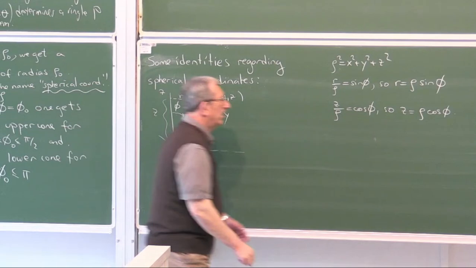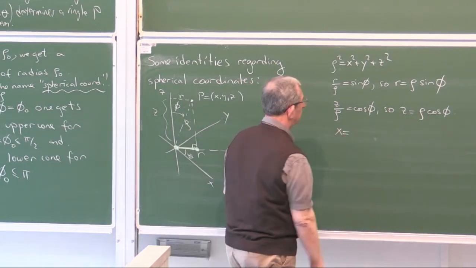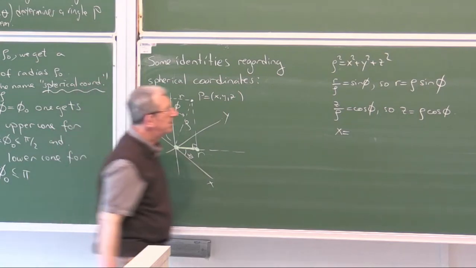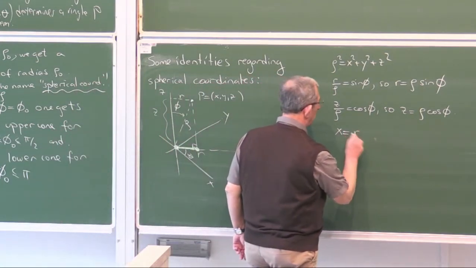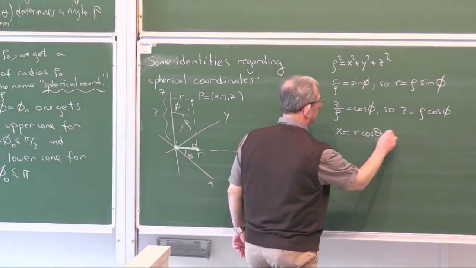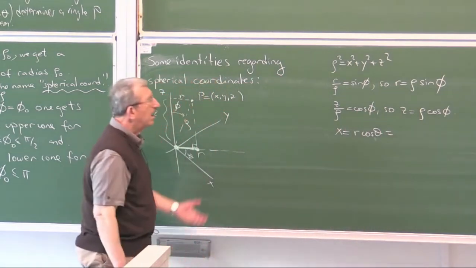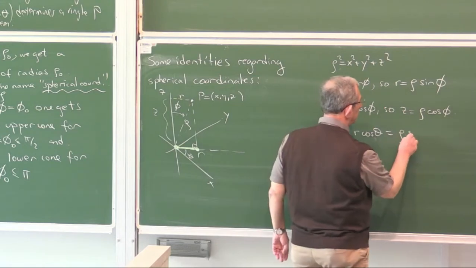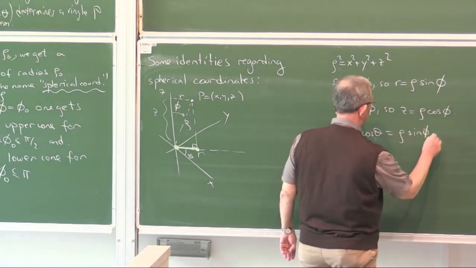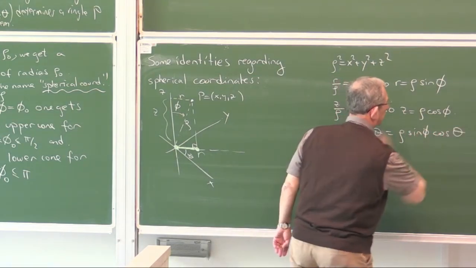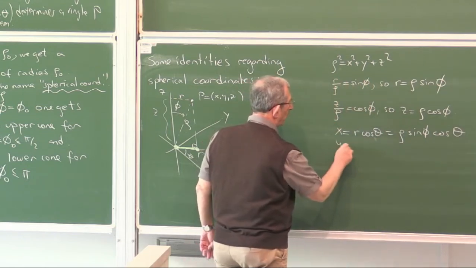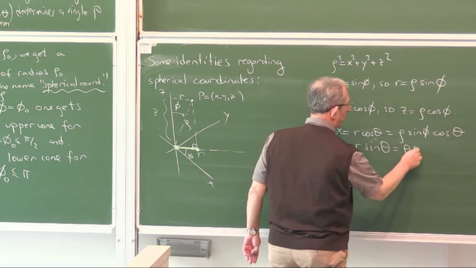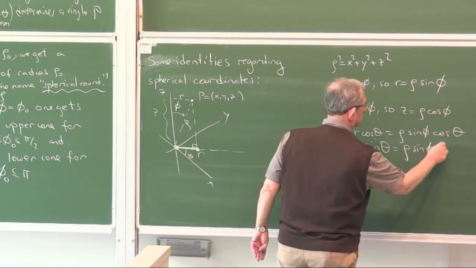Now, what about x? Well, we already know, because theta is the polar theta, x is r cosine theta. But r was rho sine phi, so it is rho sine phi cosine theta. Similarly, y was r sine theta, so it is rho sine phi sine theta.